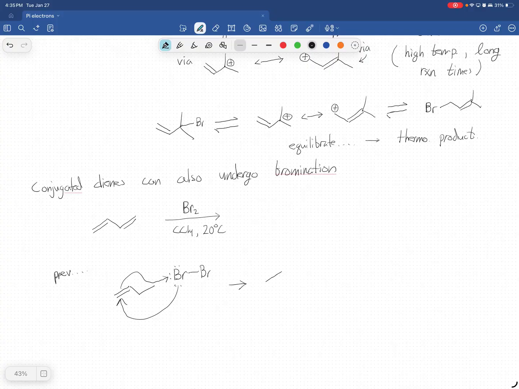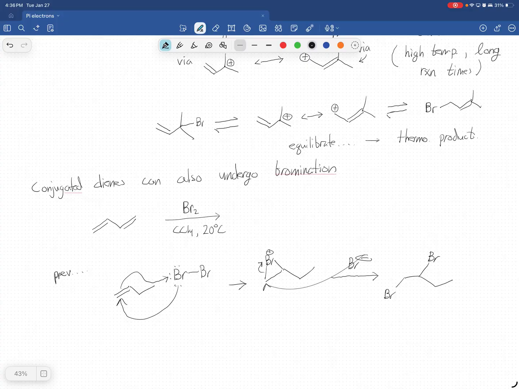We get a bromonium intermediate. And then eventually bromide would come around and attack in an anti-fashion, and you would get the trans bromine addition, anti-addition.